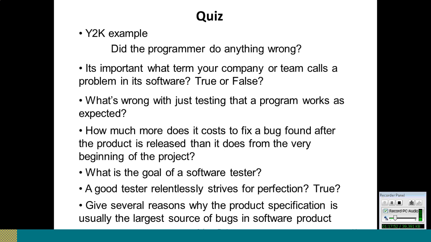Okay, so give me several reasons why the product specification is usually the largest source of bugs. One would be miscommunication, and the other would be the frequent changing of product specifications. That's correct, yes. Somebody also mentioned the same thing, frequent change of the requirement and design document.